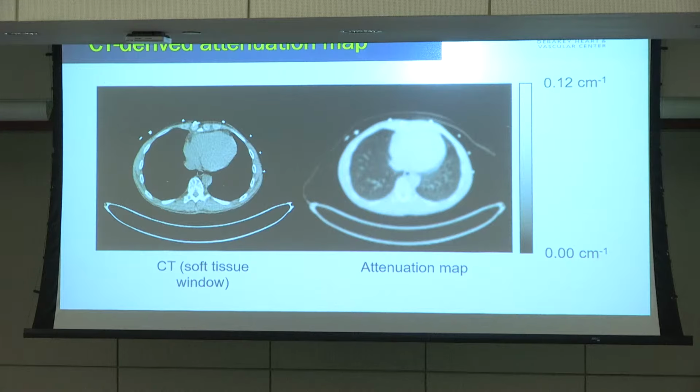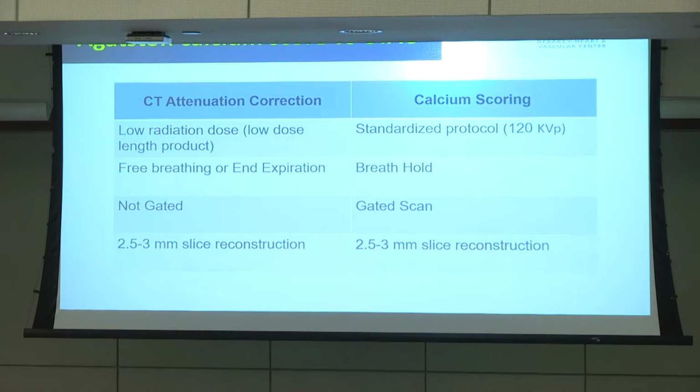So it's equivalent to the radiation dose of a trip to Europe and back. That's what you get the CT for, attenuation correction, but that could potentially, as we said, save the patient having an additional scan either on the same day or on another day. So it's a very low radiation dose.